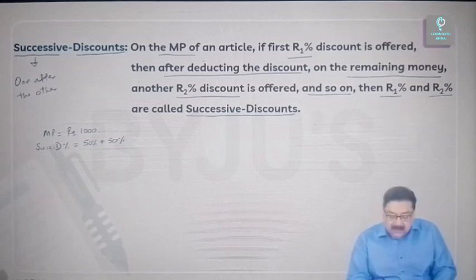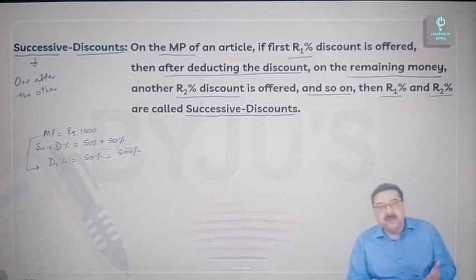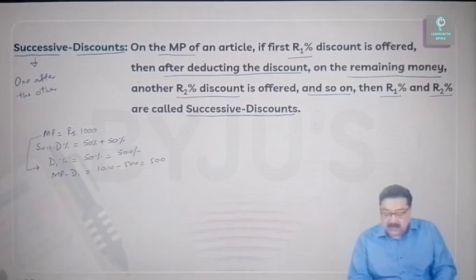On this marked price, the first discount is applied, that is 50%, which is equal to rupees 500, half of 1000. Now marked price minus first discount becomes 1000 minus 500. So now the selling price of the shirt should be 500. Then the second discount is applied on this amount, that is the amount obtained after deducting the first discount.